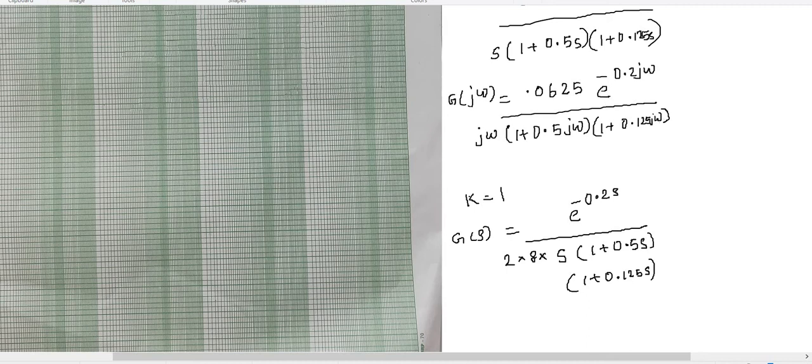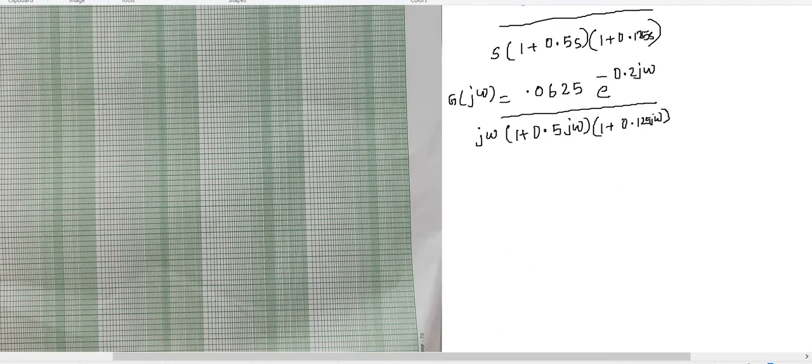Now we have to write the magnitude expression. Before that, we know e^(j theta), or when you write in modulus amplitude form, r e^(j theta).